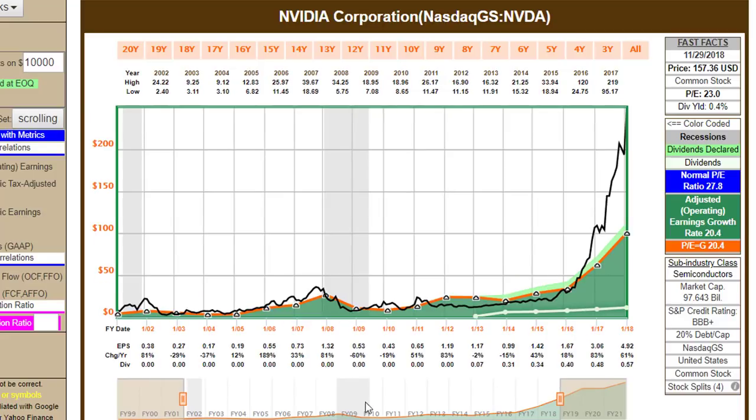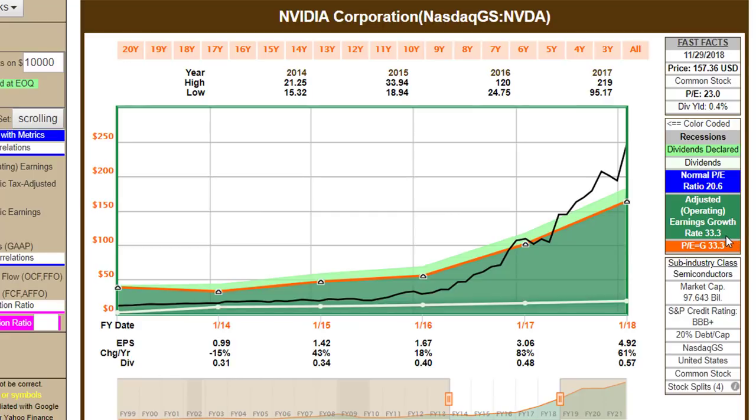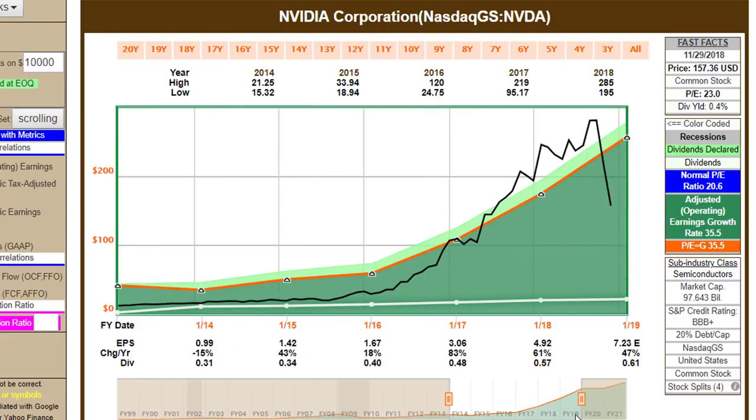But what was happening during this time frame, I'm going to bring this up a little closer here, is we started to see earnings growth rates accelerating into the 30% range. And then we had the highest period of earnings growth, which is forecast to end with fiscal year 2019, which ends in January, where we currently have an estimate of 47% growth. But last year we had 61% growth and 83% growth. So from this point of view, Nvidia actually looks like it was undervalued, or it's currently undervalued.